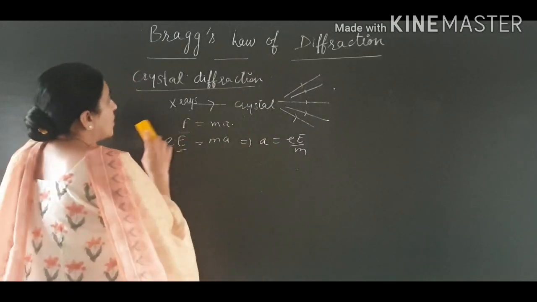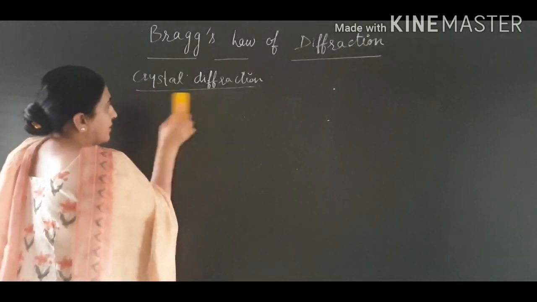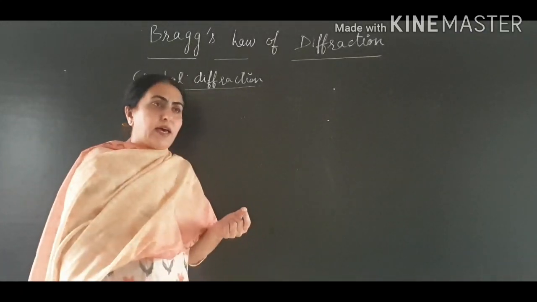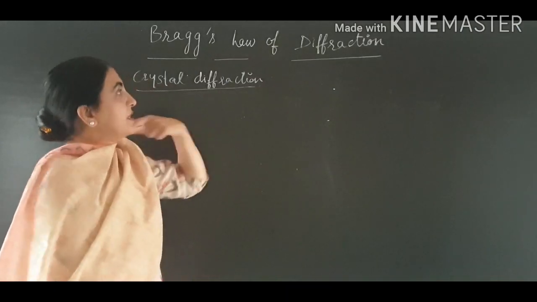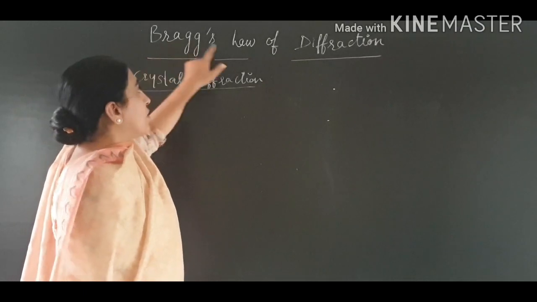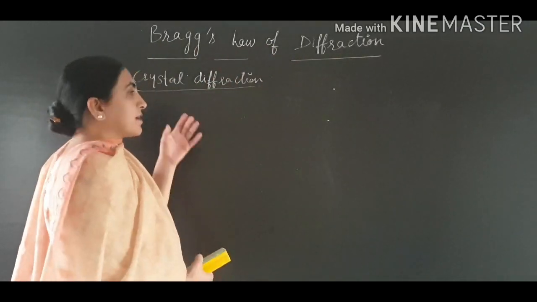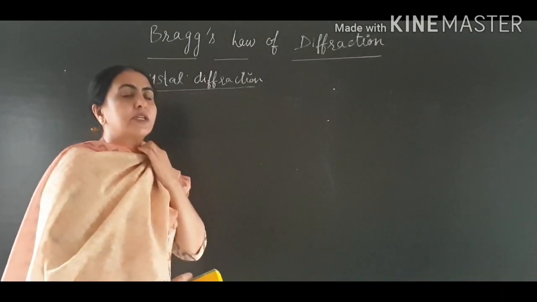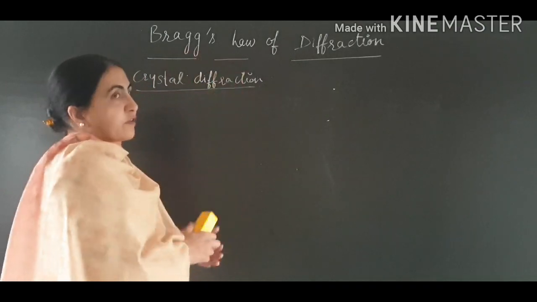Crystal diffraction was studied by Laue, and then by Bragg. So in this lecture we pay attention to Bragg's law of diffraction. The crystal used for crystal diffraction is zinc blende.